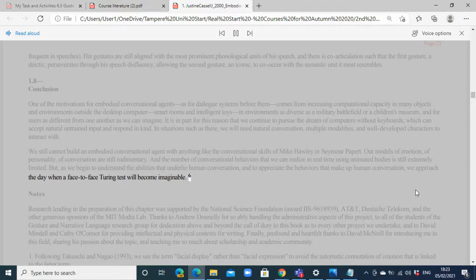6. Notes. Research leading to the preparation of this chapter was supported by the National Science Foundation Award IS 961A939, AT&T, Deutsche Telekom, and the other generous sponsors of the MIT Media Lab.